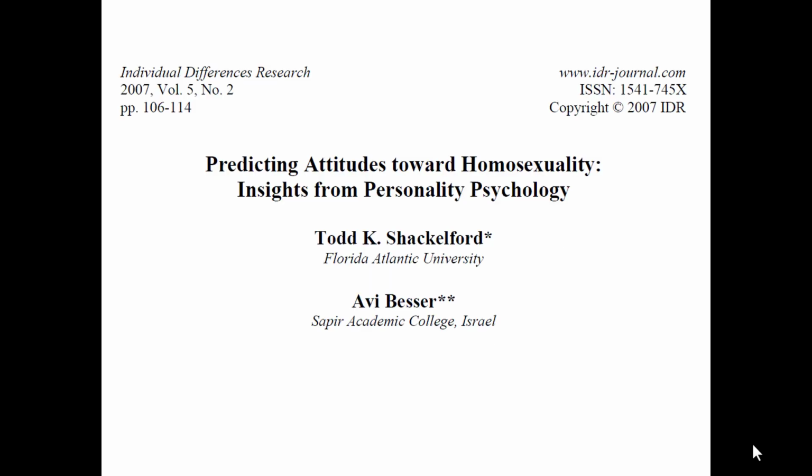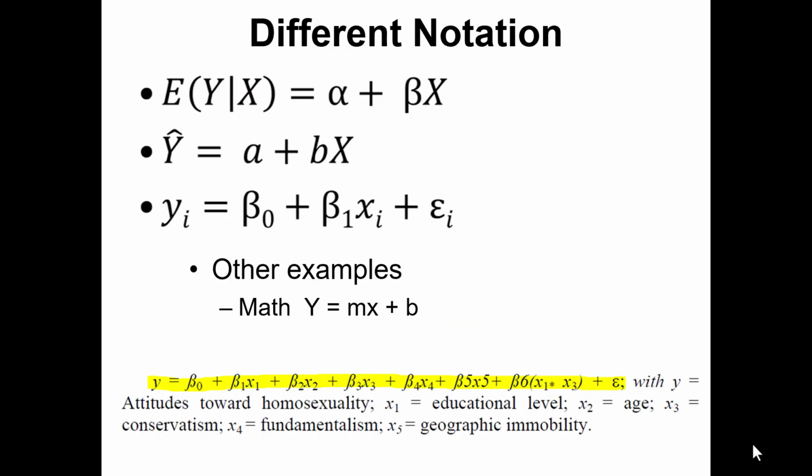And you're going to need to replicate a regression in the Shackelford-Besser article. So let's talk about what you're going to be doing. Depending on if you're reading a textbook or an academic article, sometimes an academic article will just say we're using OLS regression, ordinary least squares regression, and they don't show any equation, but often they do.